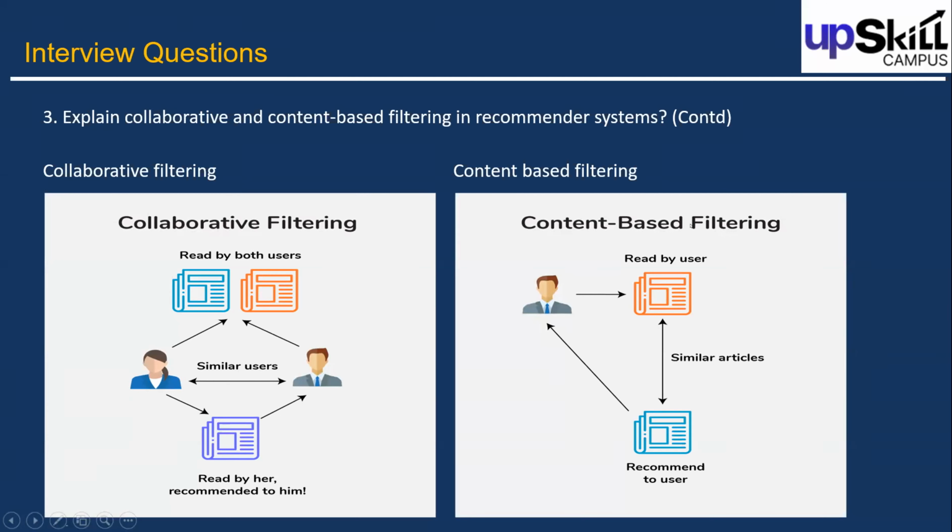In content-based filtering, if he reads any newspaper, the content-based filtering will find similar newspapers or articles, and recommend them to him. Okay. Does anyone have any questions on this, or should we move ahead?